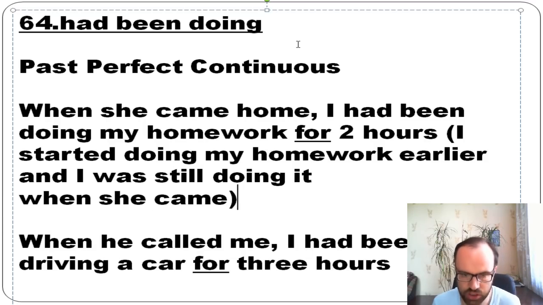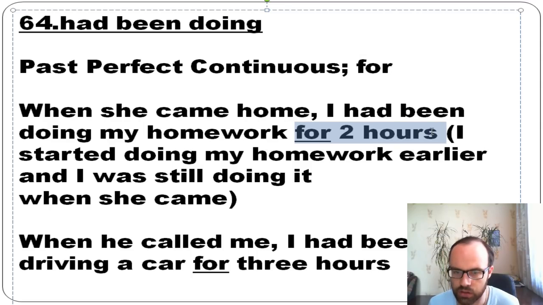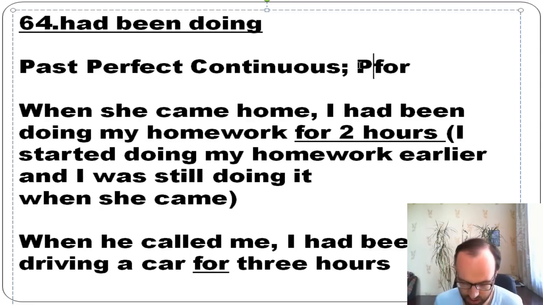So it's like past perfect, but there is duration, for 2 hours. It's very important. It's like past perfect, but there is for. So I started doing my homework earlier and I was still doing it when she came.